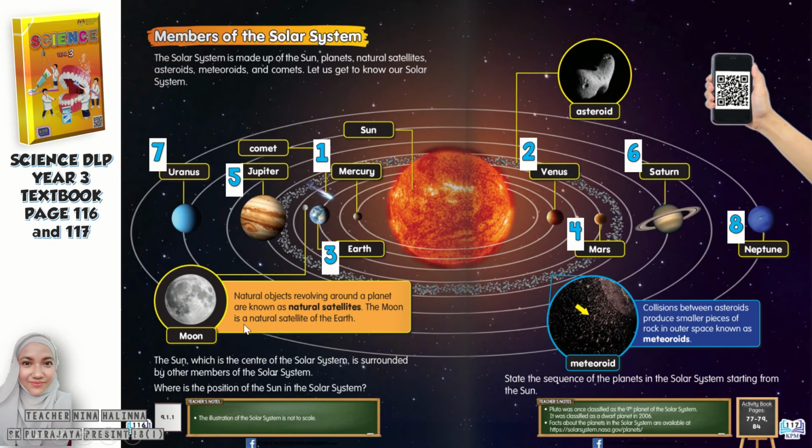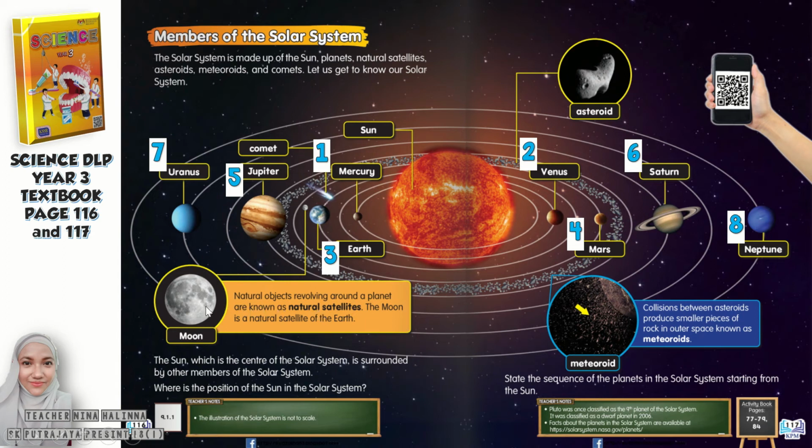The moon is a natural satellite of the Earth. I'm sure you have heard of this term satellites, right? So the moon is actually a natural satellite. It is not man-made. It is natural. That means God made it.